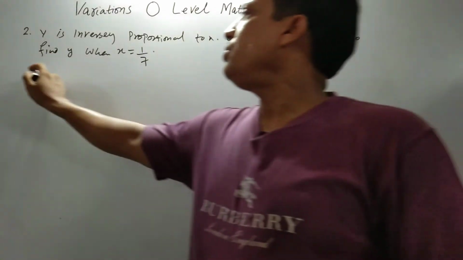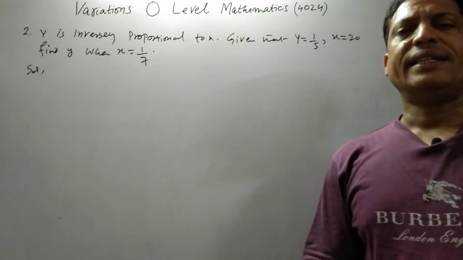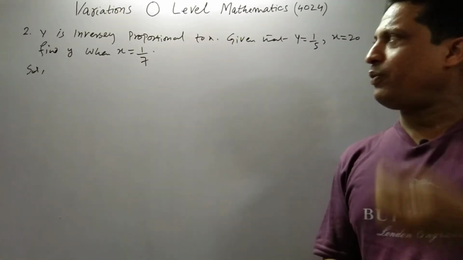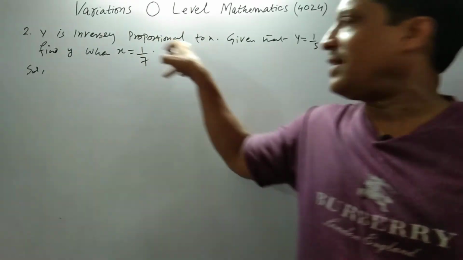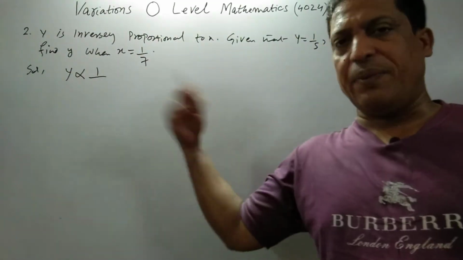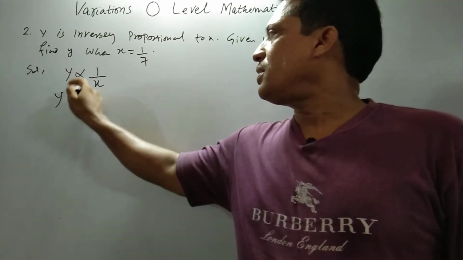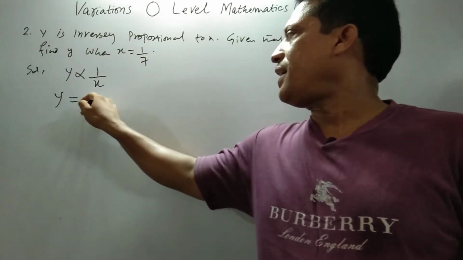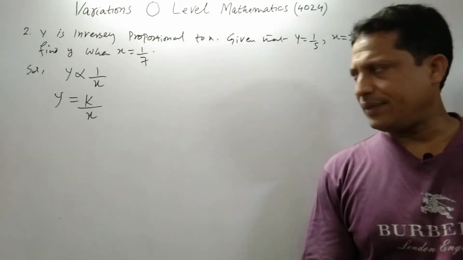How to solve? See the relation. The relation is inversely proportional. Which two quantities? y and x. So we have to write y is inverse, and inverse means 1 upon x. The second step is drop this sign, write the equal sign: y is equal to k upon x.